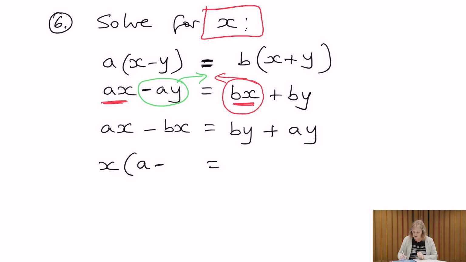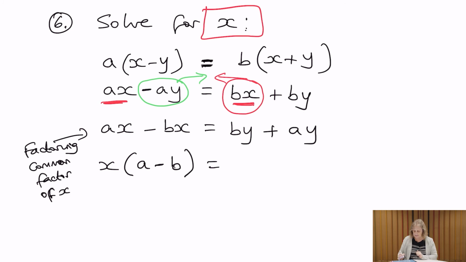We've got our subtraction. With the second term, if we take out the X, then we have the B remaining. So all we're doing here is factoring the common factor of X on the left-hand side.